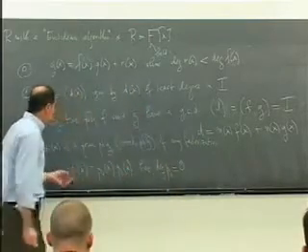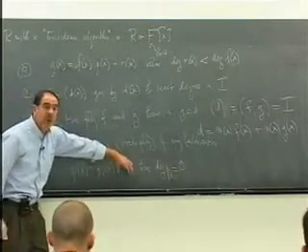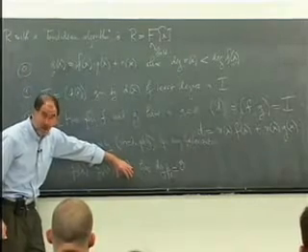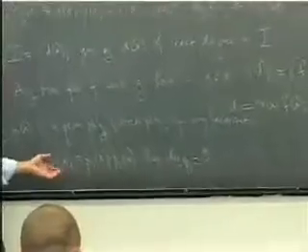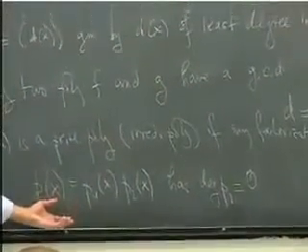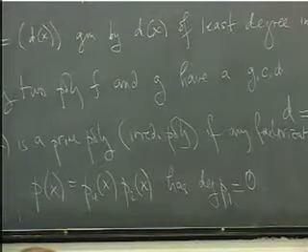Namely, the only way you can factor it is to pull out a constant times a polynomial of the same degree. You can always do that, right? So the only factors of p of x are either polynomials of degree 0 or polynomials of degree equal to p of x. No smaller factors.